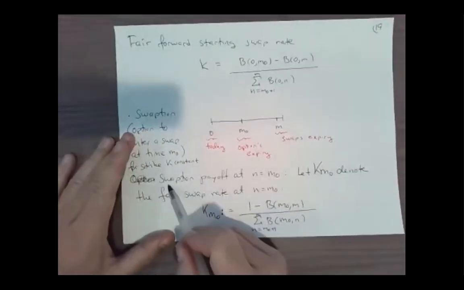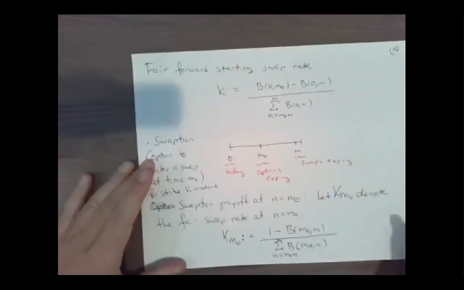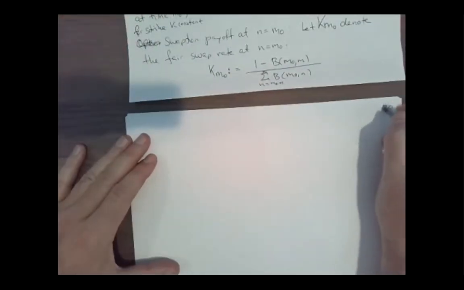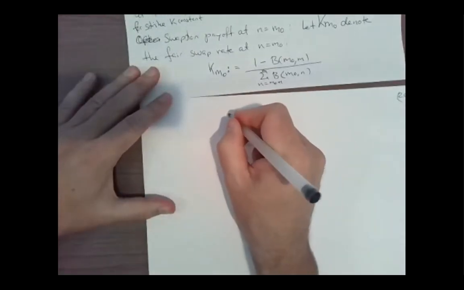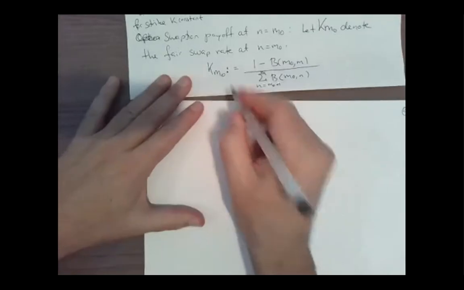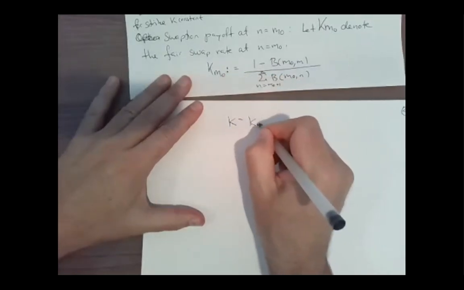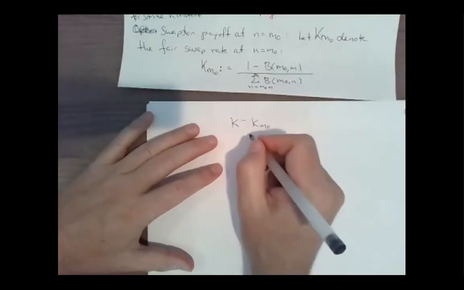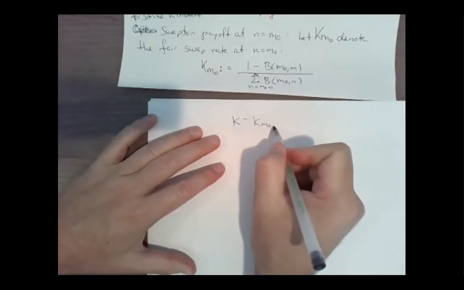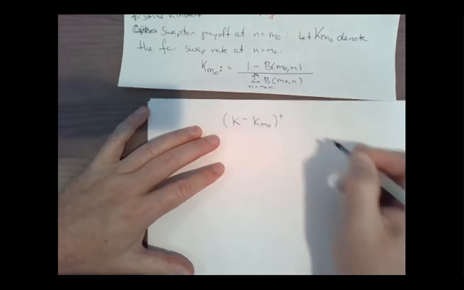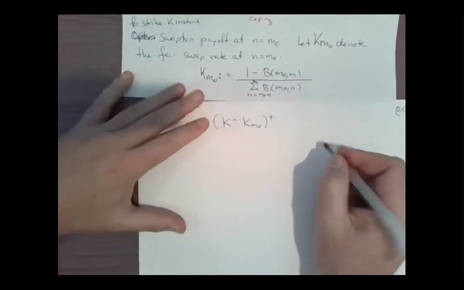So for the payoff, we're going to be looking at how K compares to the fair rate, KM0. This will be like a put, so we take the positive part, and this will be the payments.